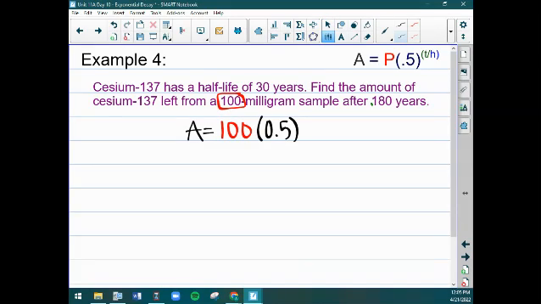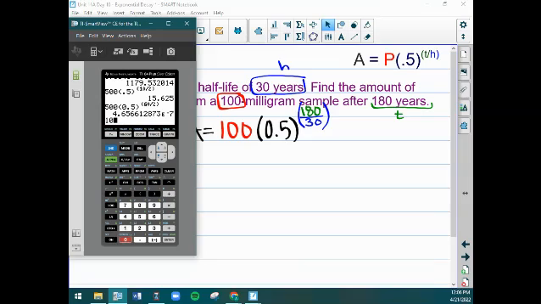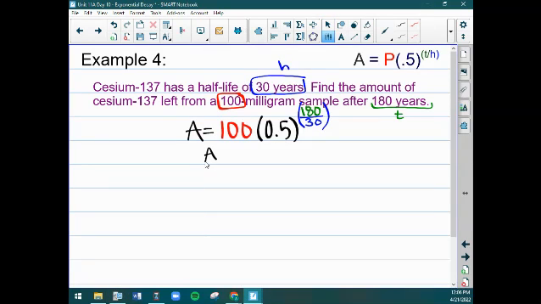So 180 years would be my T over H, which represents the half-life time. And I want that in parentheses. So I get 100 times 0.5 to the power of, in parentheses, 180 divided by 30. You get 1.5625.